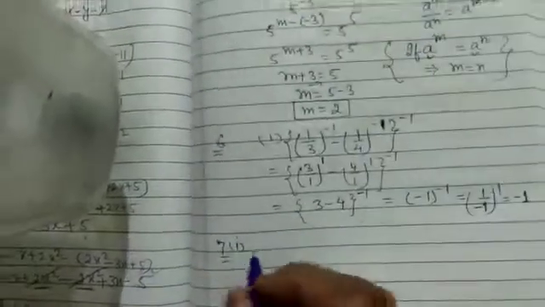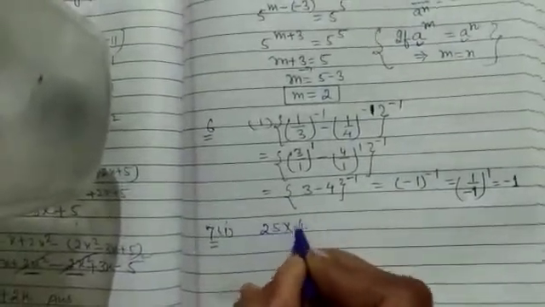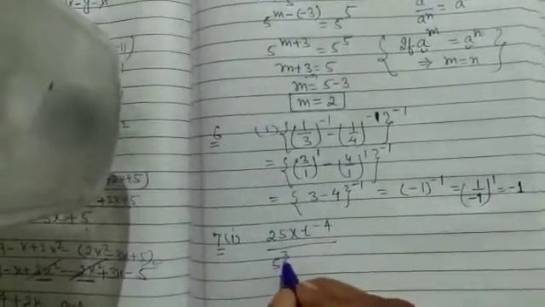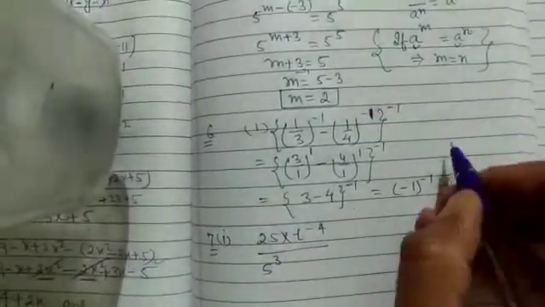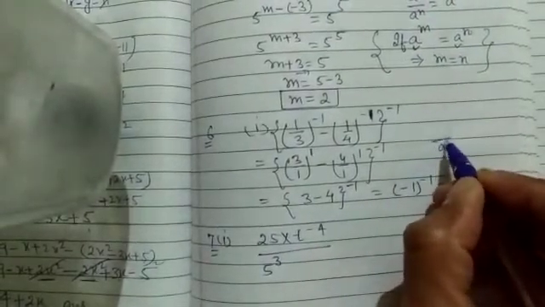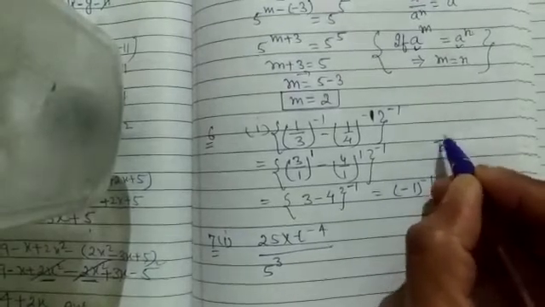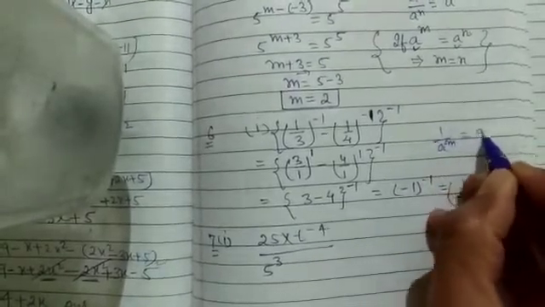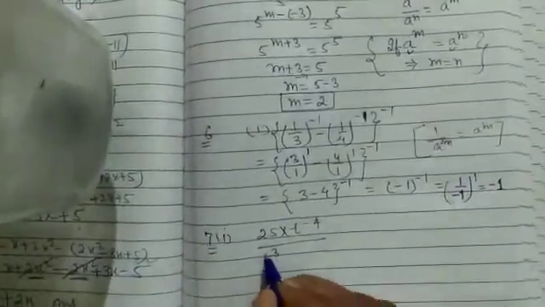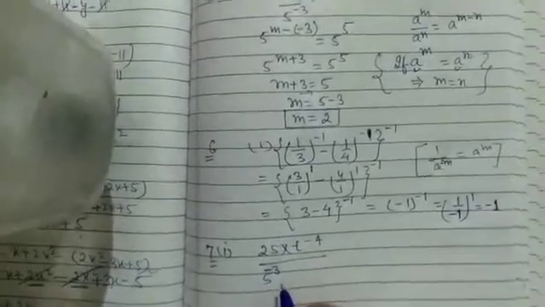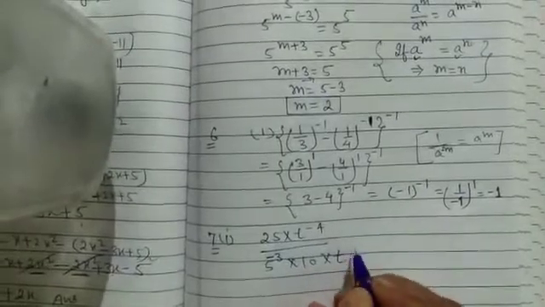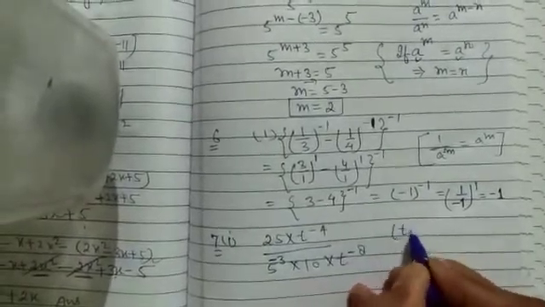What we have to simplify is 25 into t to the power minus 4 upon 5 to the power minus 3, multiplied by 10 to the power minus 8, where t is not equal to 0. The formula we use here is 1 upon a to the power minus m is equal to a to the power m.